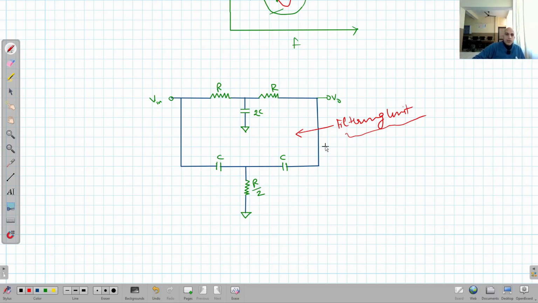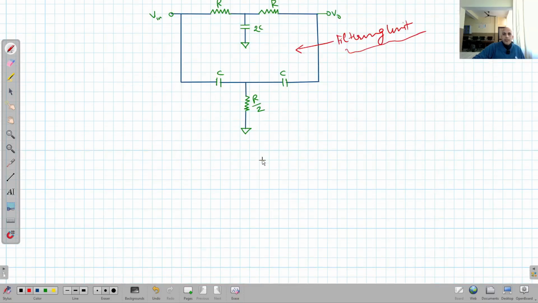This is one component. The second component is an operational amplifier working in non-inverting mode as a voltage follower. So this is the op-amp.